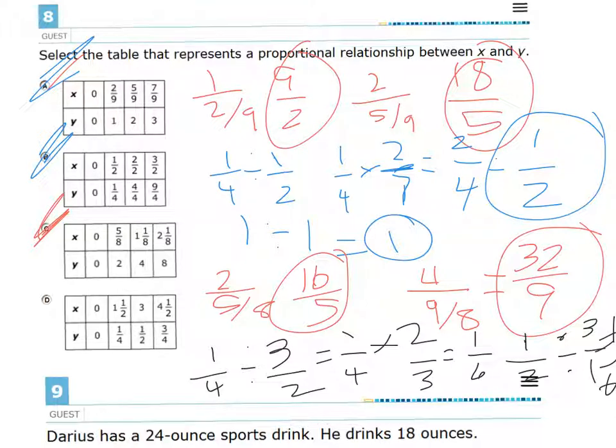So we have now officially found that letter D is our answer, since it has the same constant rate of change of 1/6. So as long as every fraction of y over x equals the same thing, that means they have the same proportional relationship, the same constant.